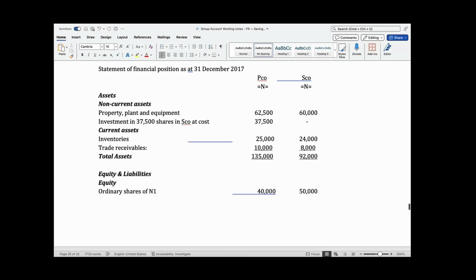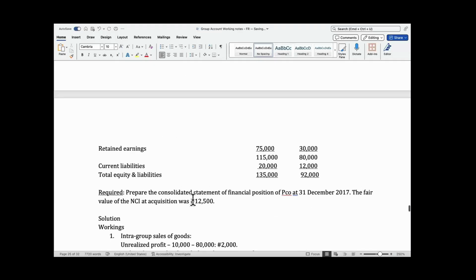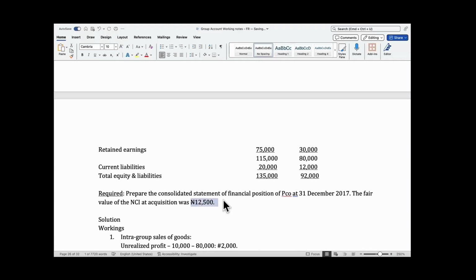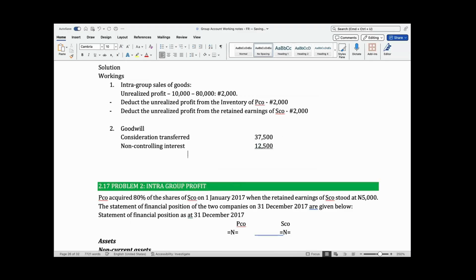The non-controlling interest is measured at fair value. They give us 12,500. So NCI 12,500. The addition of the two will give me how much? And this is 50,000.